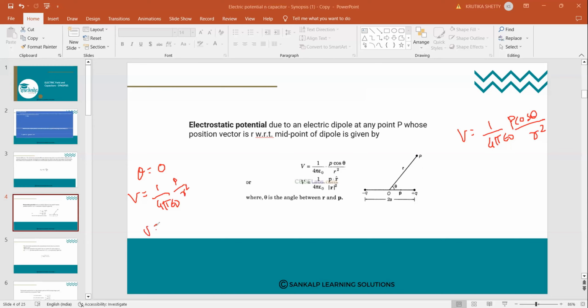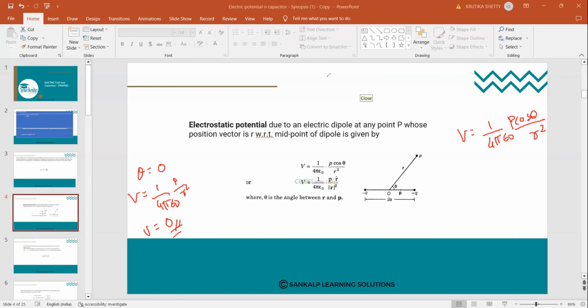line. Then, as I just said, for the equatorial line theta is equal to 90 degrees. So cos 90 is 0. So the potential will be 0 at the equatorial line.